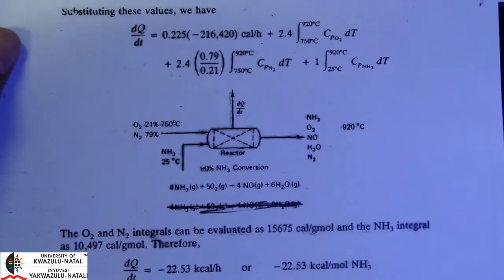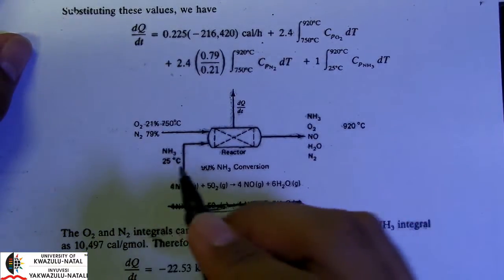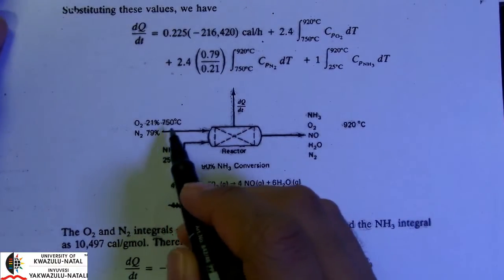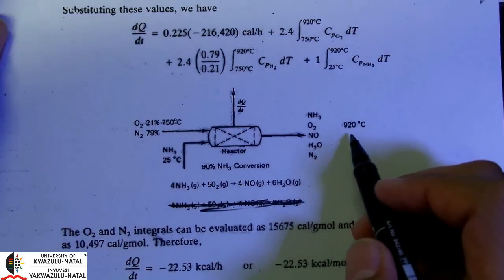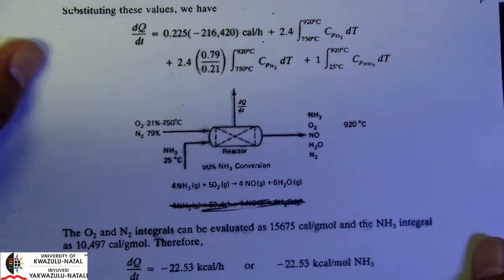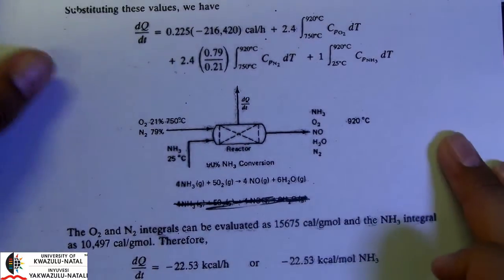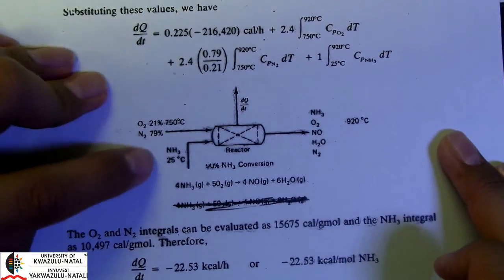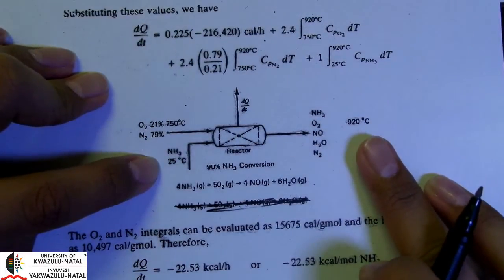Now we can actually be smart about this. We have temperatures of 25 degrees, 750 degrees, and 920 degrees. So we could choose to set our reference temperature equal to one of these stream temperatures.